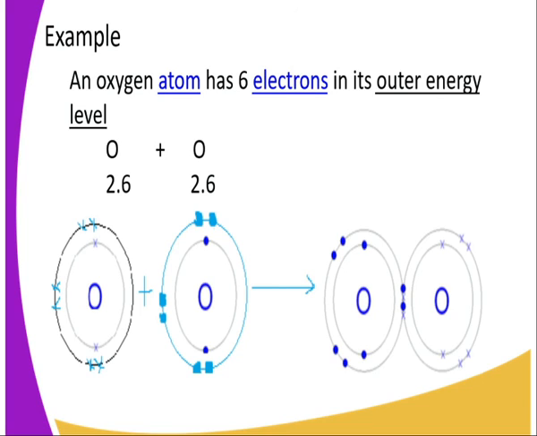So it shares 2 electrons with another atom of oxygen, thereby obtaining a state of stability. Using the diagrams which we have here, we can observe how we illustrate the structure of the molecule after the 2 atoms have bonded.